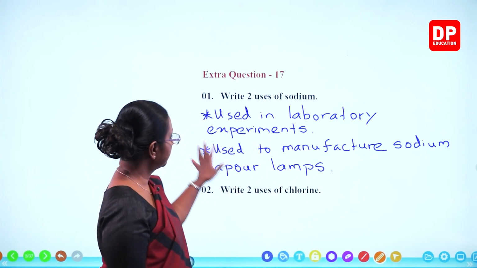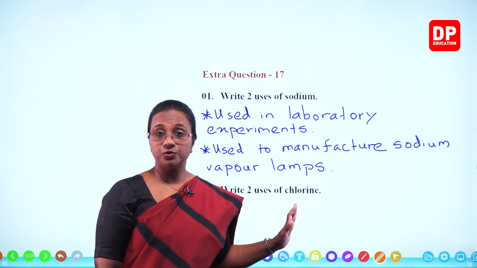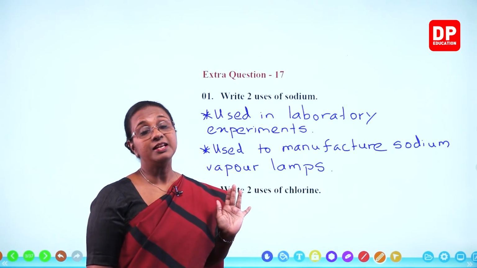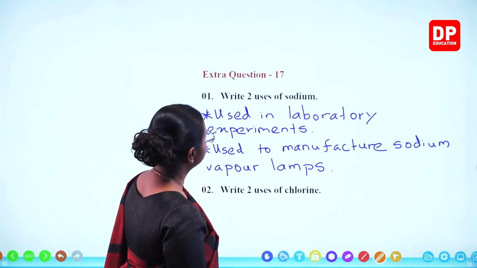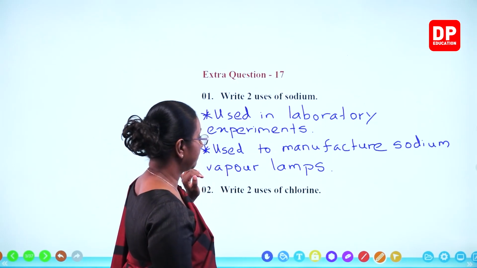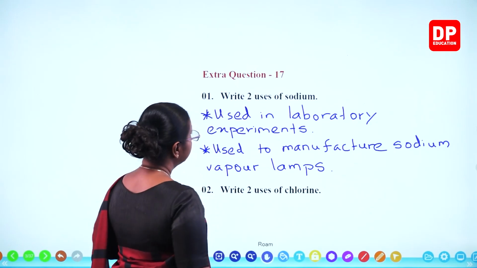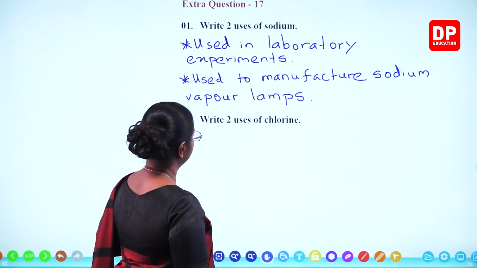Now here students, you all can write the other one also. Used as a coolant in nuclear reactors. That is also possible. So here used in laboratory experiments, used to manufacture sodium vapor lamps. Those are the uses of sodium.